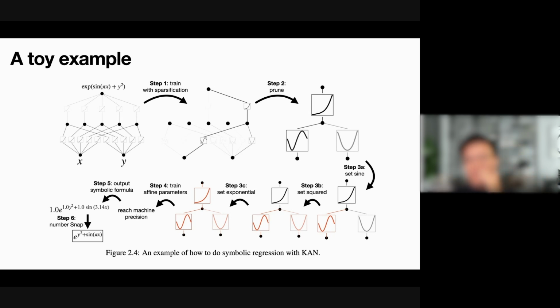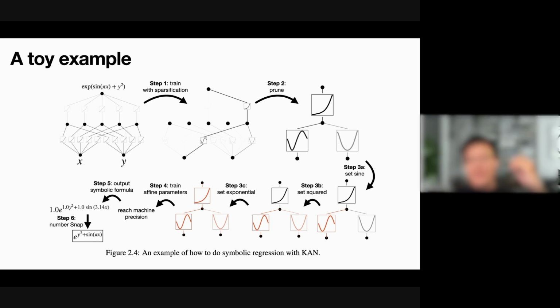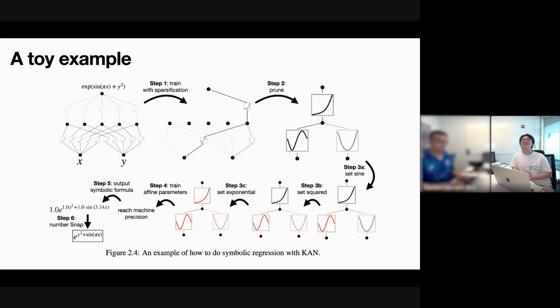Is that right? So there is no linear weight at all in KANs. Each weight in an MLP is replaced by a 1D function. And the pruned-out edges are just those where the activations are all zero. Yes. I see. Exactly. Okay. Thanks.